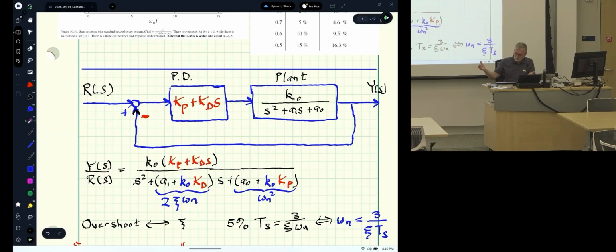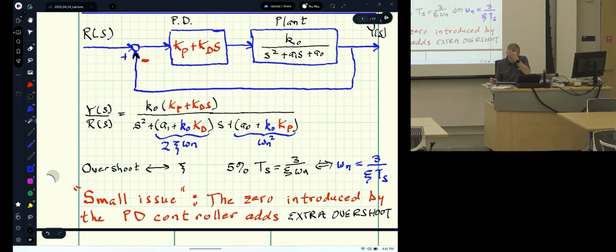Then we do G over 1 plus G and clear the denominators to get the transfer function from the reference command to the output. And this is what you get. You get a second order transfer function, and I've tried to make the coefficients from the PD controller show up in the clearest way possible.